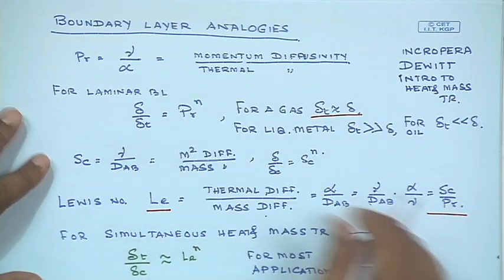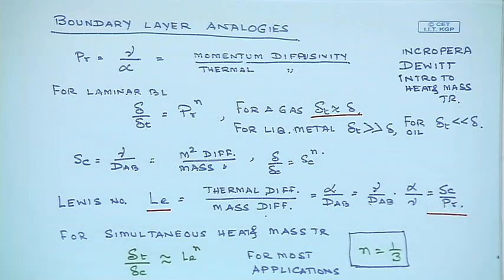These analogies, the equations, the functional forms, all these are from Incropera and DeWitt. So, you take a look at it. It is very well described in the book, and I don't think you will have any problem in understanding, but if you do, please contact me, write to me, and I will try to clarify any doubts that you may have.